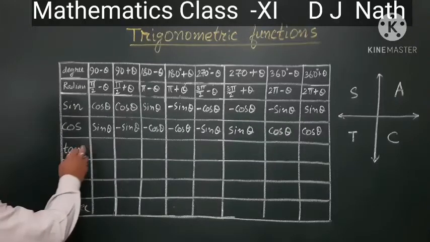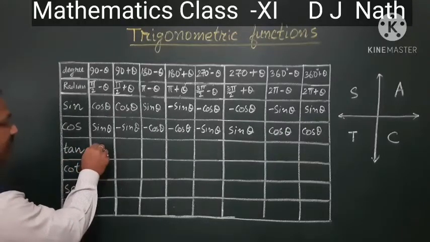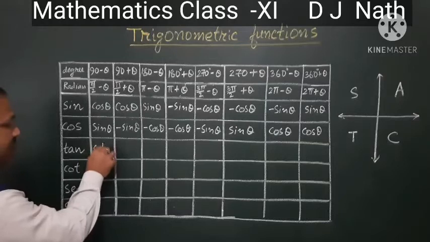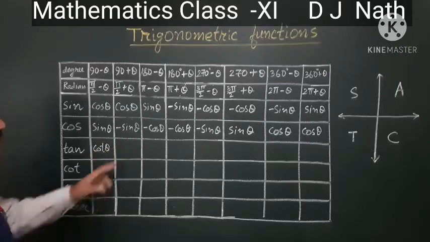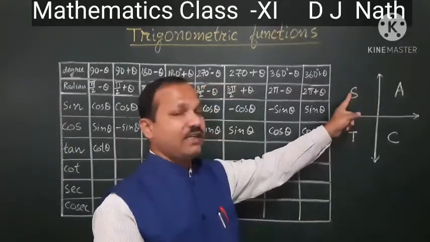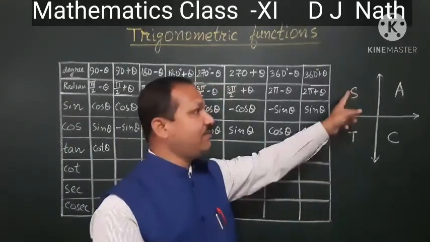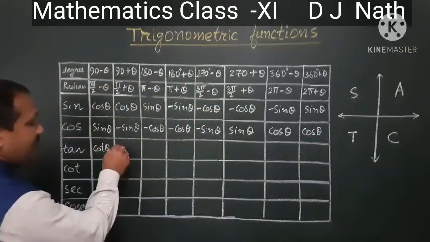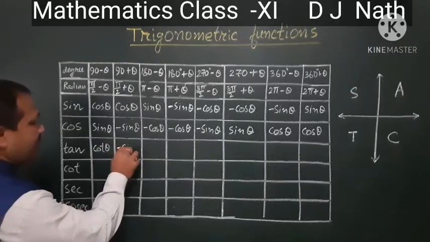So tan of 90 minus theta is cot theta. If it is 90 plus theta, here sin and cosec are positive, tan is negative, so it will become minus cot theta.